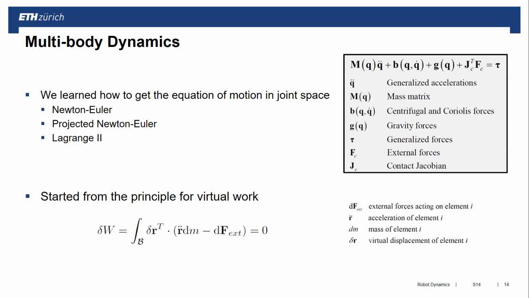For all of these methods, we essentially started from the principle of virtual work. A system, a particle, is in dynamic equilibrium if external forces equal the acceleration times the mass for all the viable virtual displacements that we have.